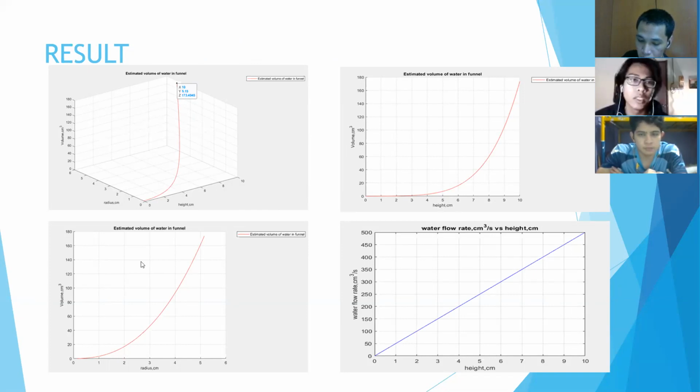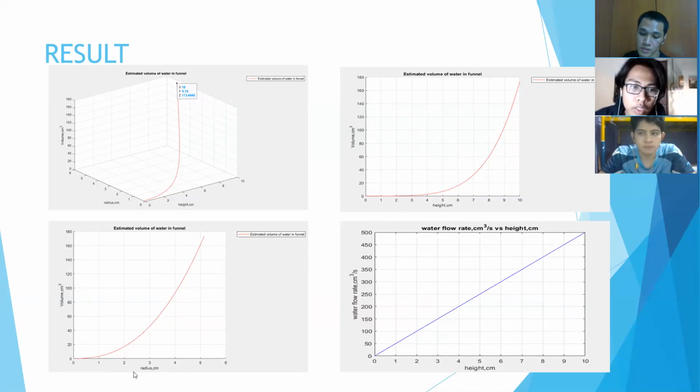At the maximum height, which is 10, we get the radius is 5.15 and the maximum volume of water is 173.4945. Here we can see that as the height increases, the volume of the water in the funnel will also increase.